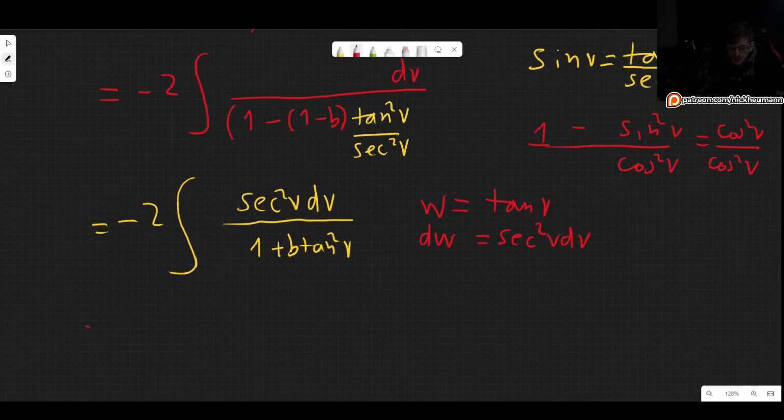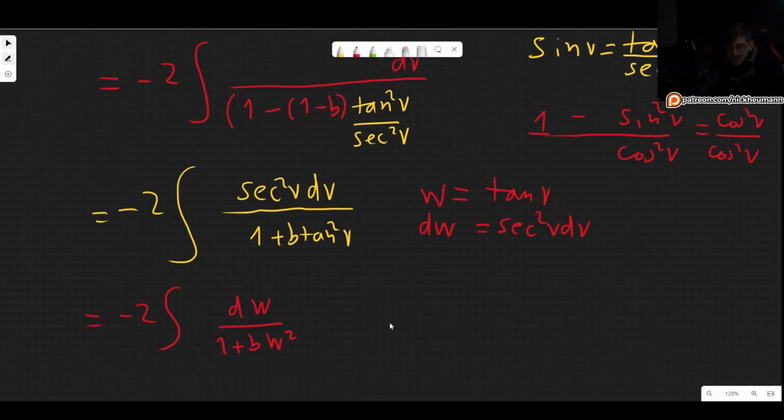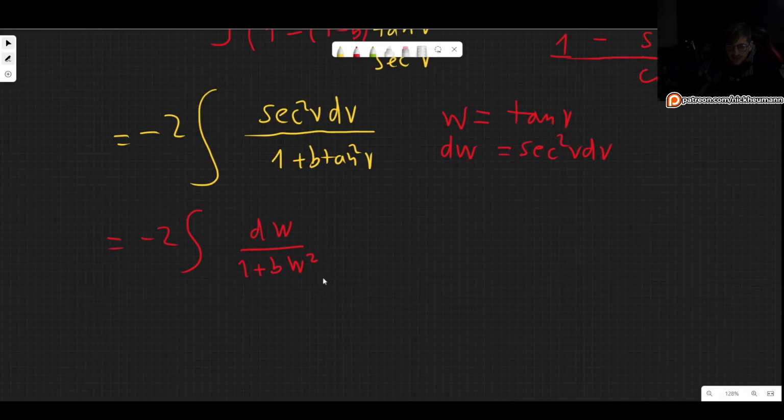So now we can write this as minus 2 integral of dw divided by 1 plus b times w squared. And now we are in a very, very familiar form.